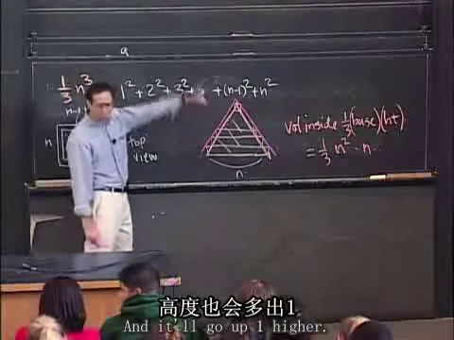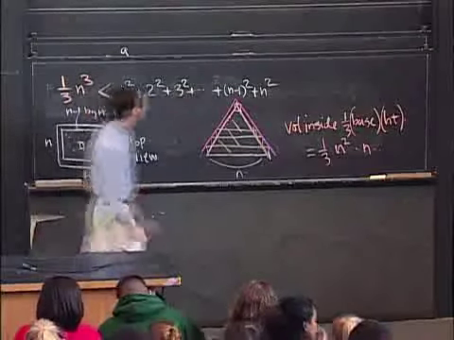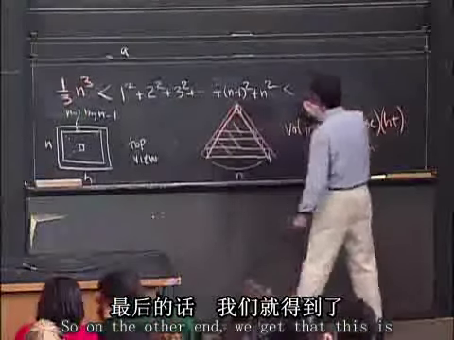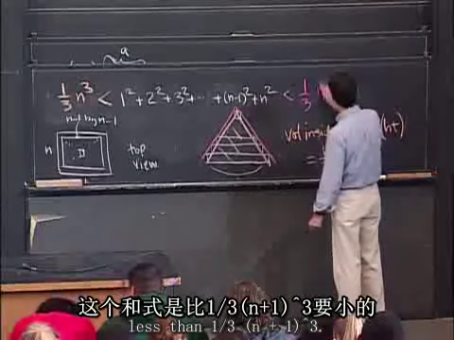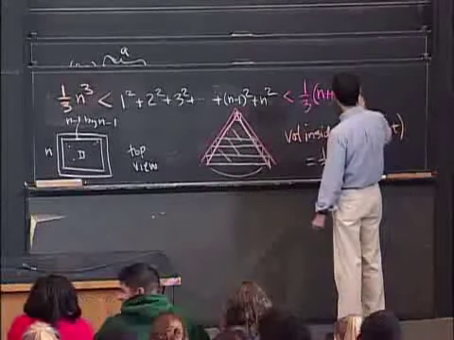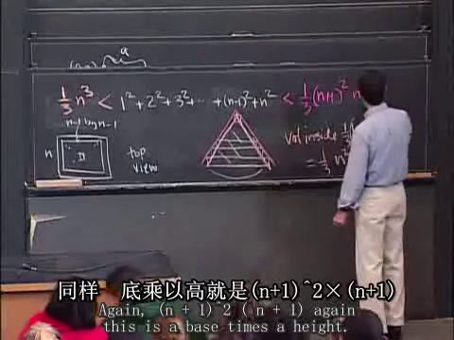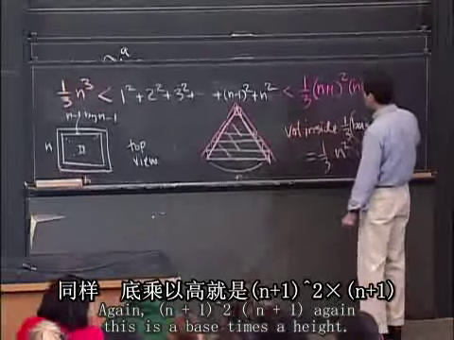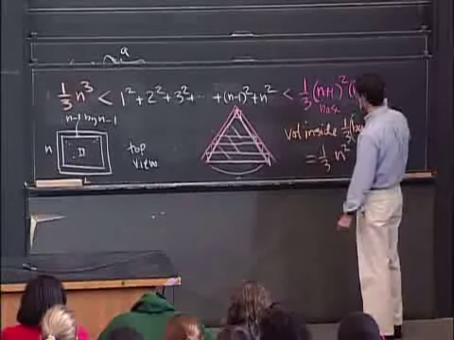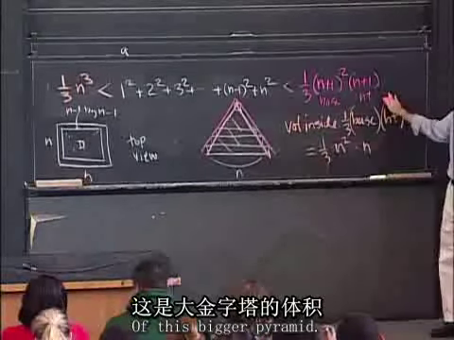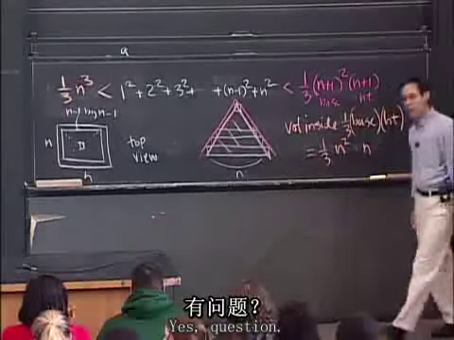And it'll go up 1 higher. All right? So on the other end, we get that this is less than 1/3 n plus 1 cubed. Again, n plus 1 squared times n plus 1. Again, this is a base times the height of this bigger pyramid.